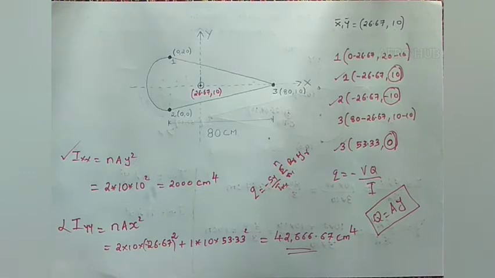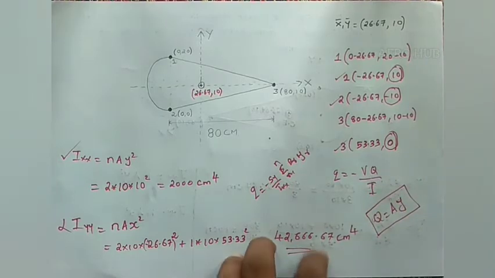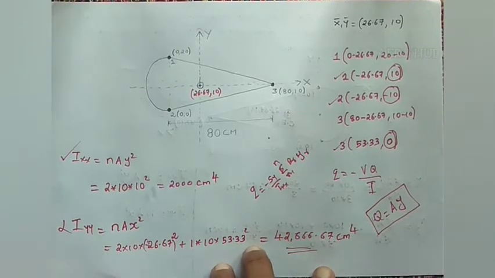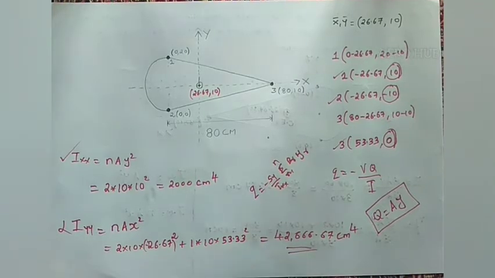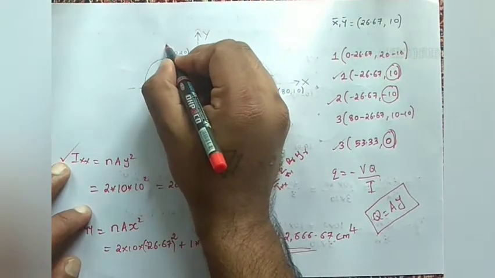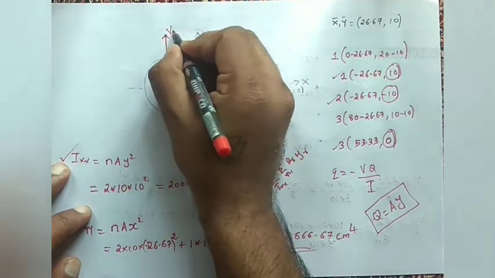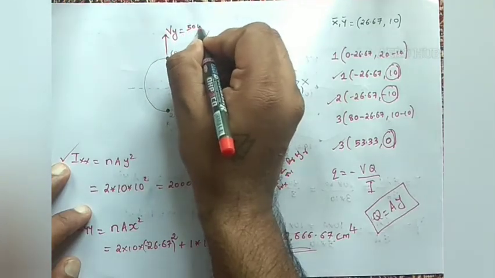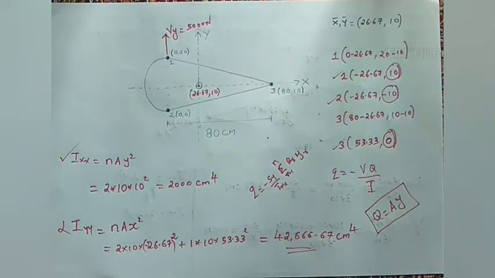So to make the calculations a bit easy and the problem much easier, I am using this concept. I will be using this formula q is equal to minus VQ by I, where V is the shear force and Q is the first moment of area. And you have to also understand we are applying the shear force on boom area number 1, Vy is equal to 5000 Newton. That also you have to remember.